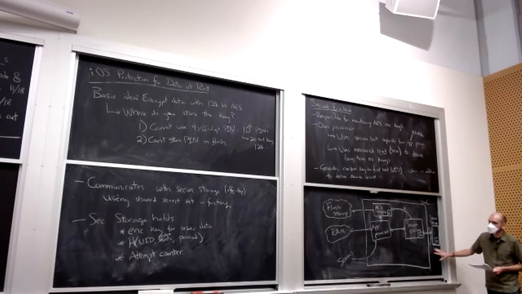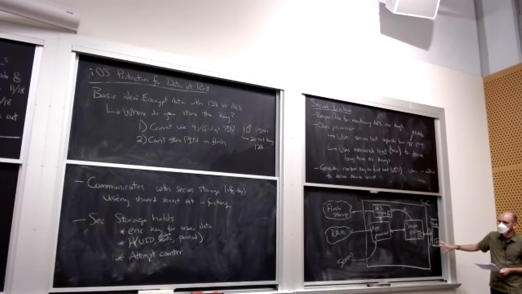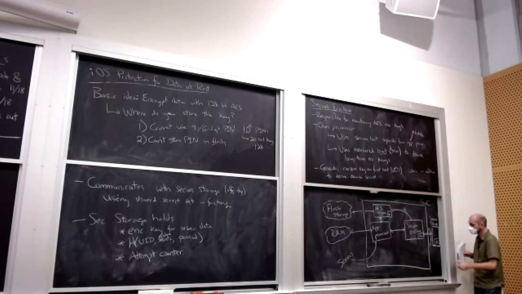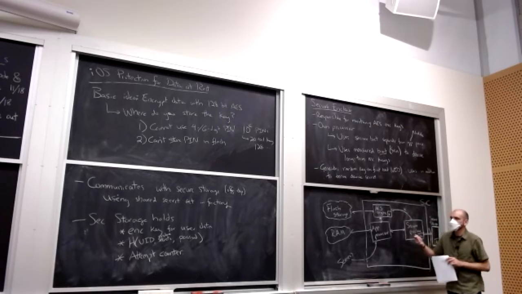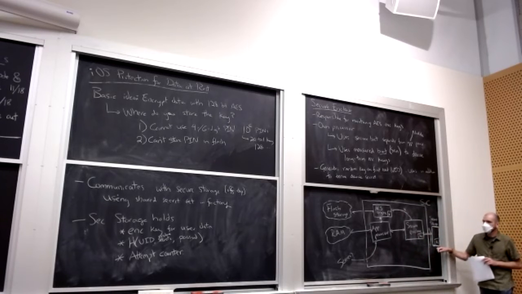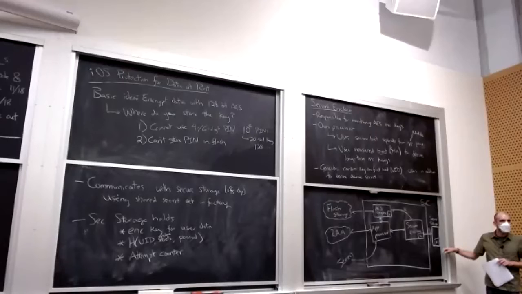And I guess there's kind of one main trick here that makes it possible. And that is that if you believe the secure storage is really secure, what we can do is have every time there's an authentication attempt, the secure storage will increment this attempt counter.